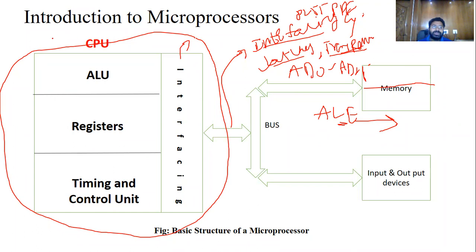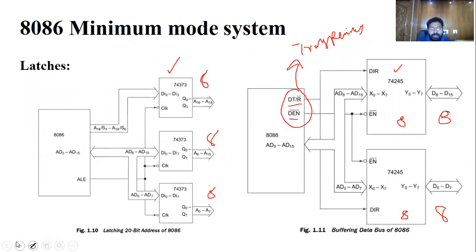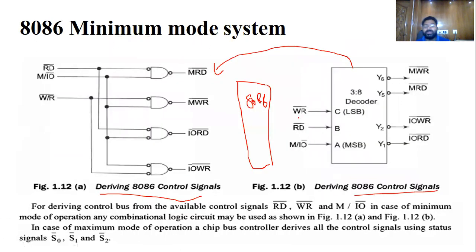Remember, this is the chip. Okay, see this internal part, the decoder. The WR bar pin is connected to this decoder pin, the RD bar pin is connected to the B pin, and the M by IO bar pin is connected to A, the most significant bit and the least significant bit.